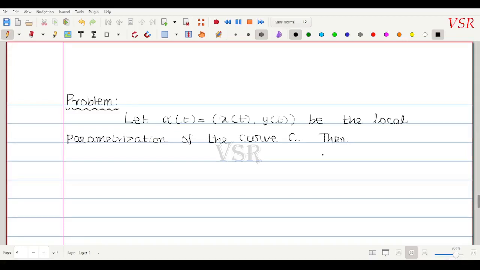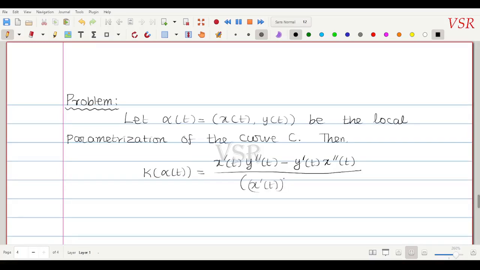Then the kappa, that is the curvature of alpha of t which is equal to, the formula வந்து, that is x dash of t and y double dash of t minus y dash of t into x double dash of t divided by, இந்த ஃபார்முலா நம்ம BSc ல படிச்சிருப்போம், okay, that is x dash of t the whole square plus y dash of t the whole square the whole power 3 by 2.